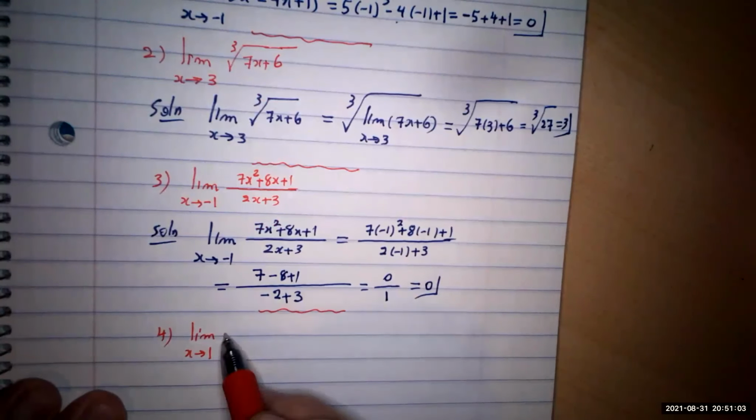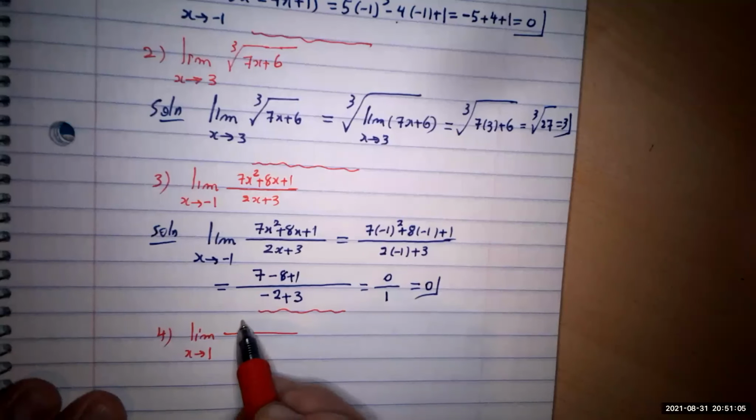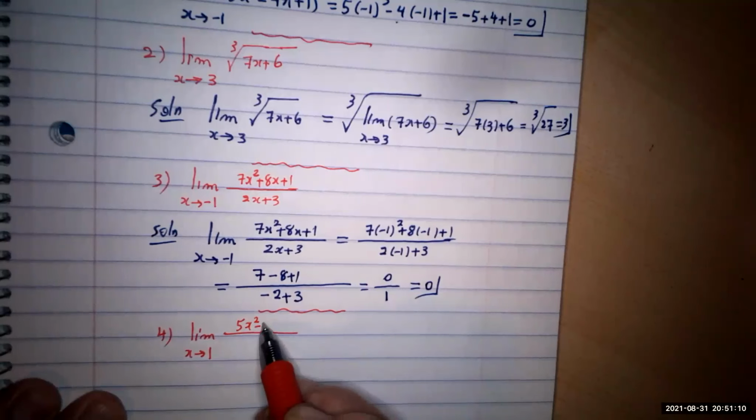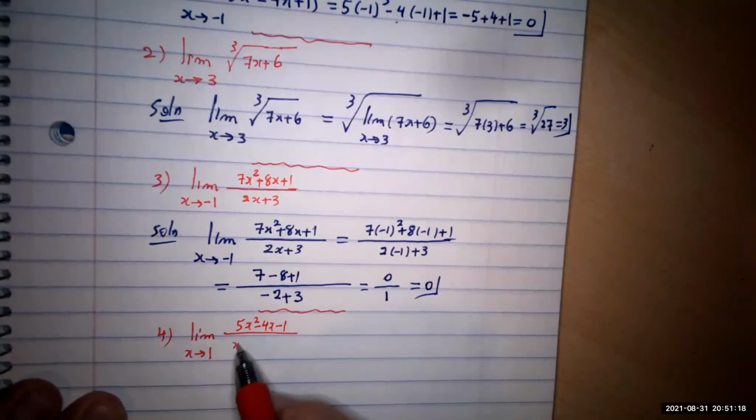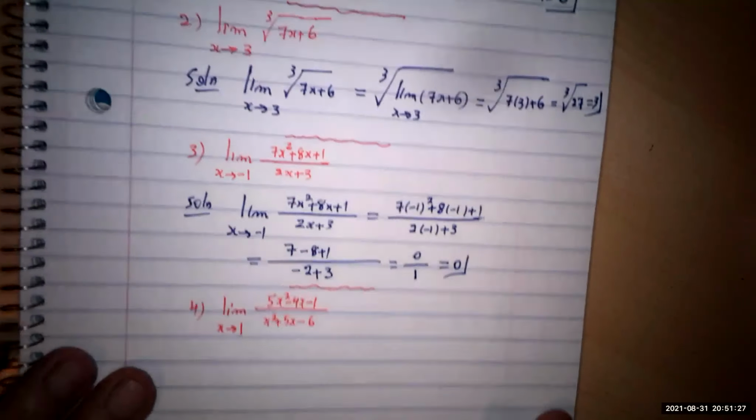X goes to 1, the top is going to be 5x squared minus 4x minus 1. And that's the top. And the bottom one is going to be x squared plus 5x minus 6. You want to find this limit.